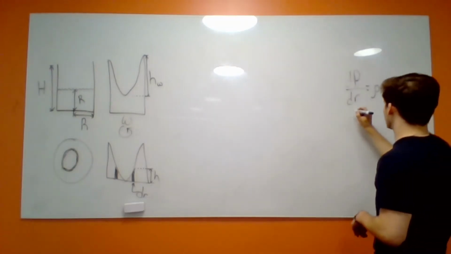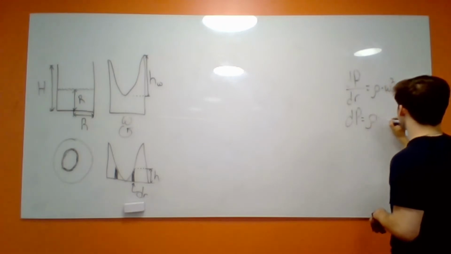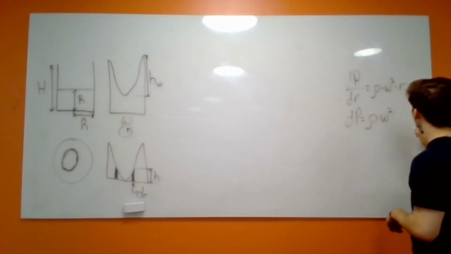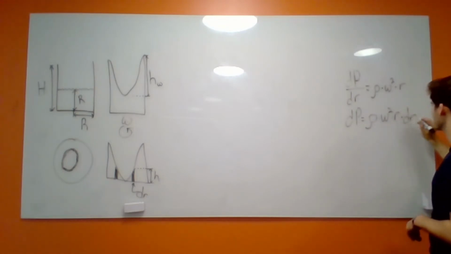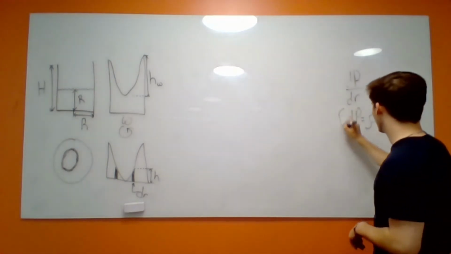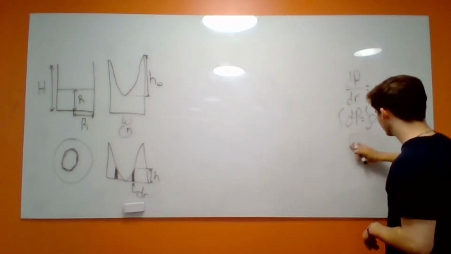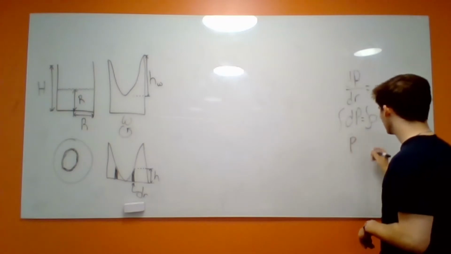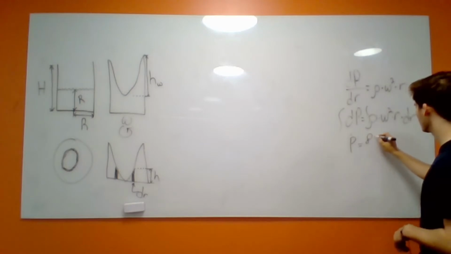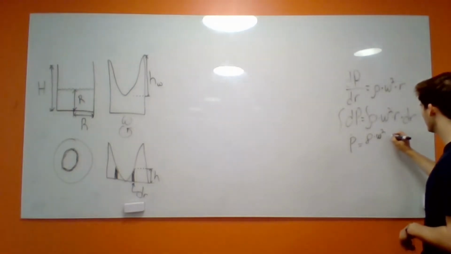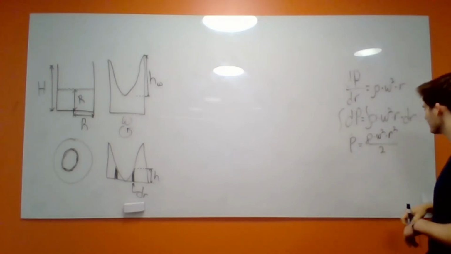Of course, we can rearrange to the changing of pressure being equal to the density, angular frequency squared, and radius times the changing of the radius. Now, integrating both sides, we'll get that the pressure is equal to the density times angular frequency squared times radius squared all over 2.